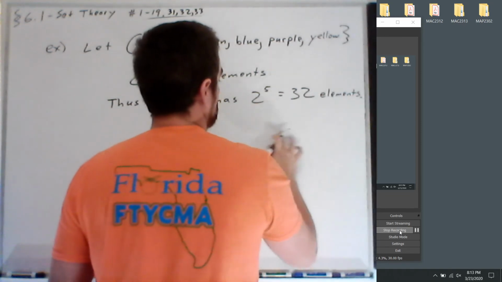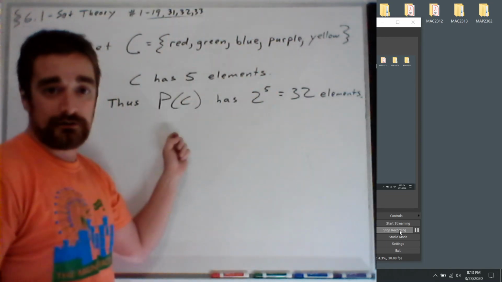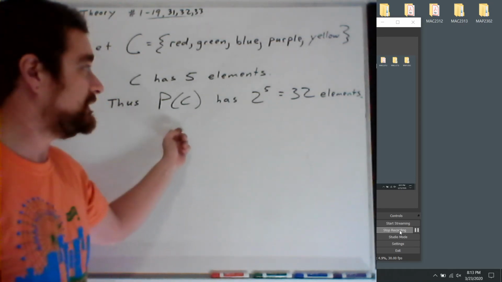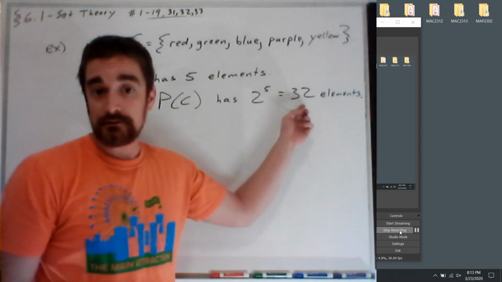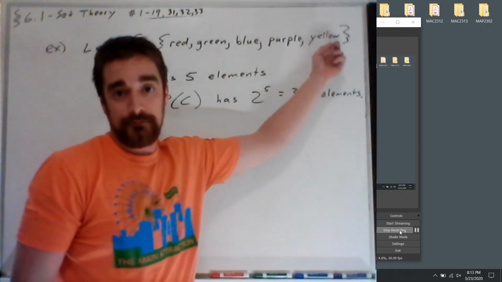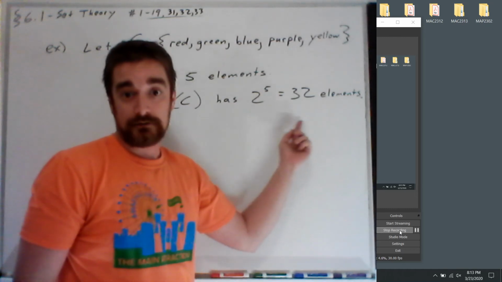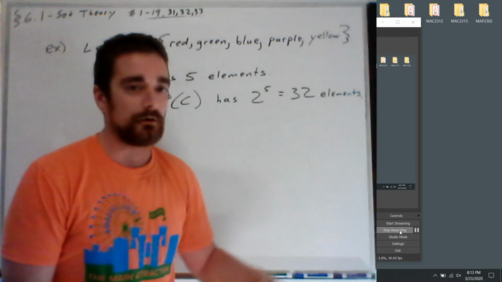So if I asked you to list out all the possible different subsets, if I told you to give me a list of the power set of C, you need to find 32 different subsets. That takes a while. You can see how this ramps up very quickly. If I just put one more element in C, this is 2 to the 6th, which is 64 elements. Oh boy, I just doubled the amount of work, right?